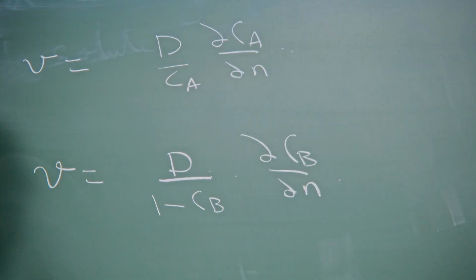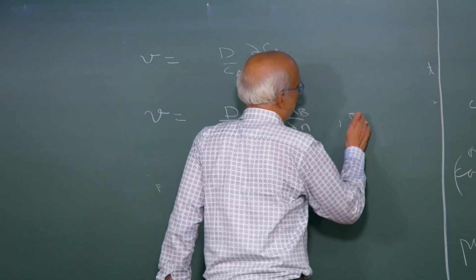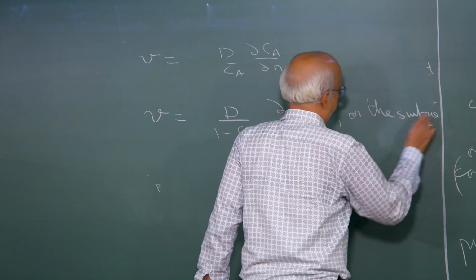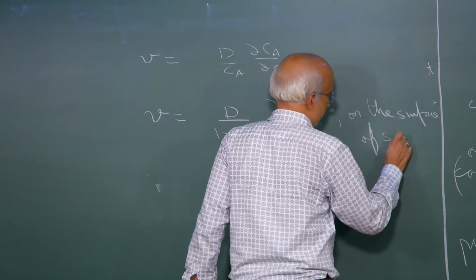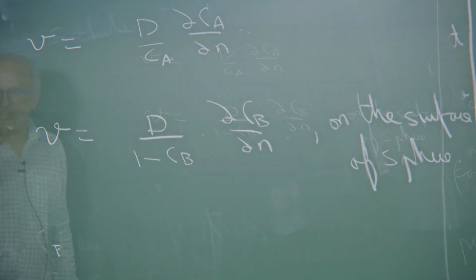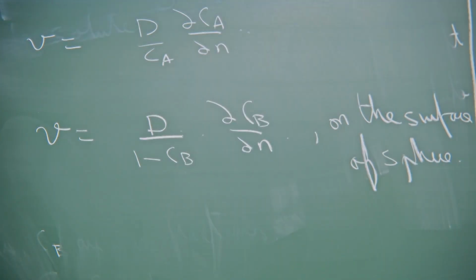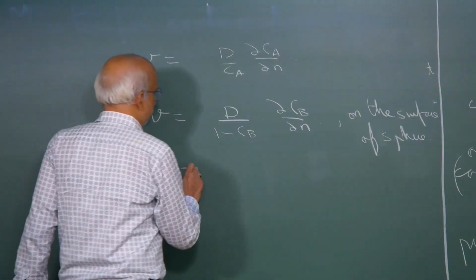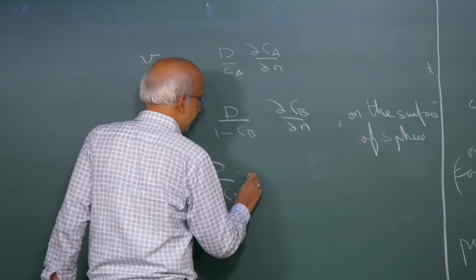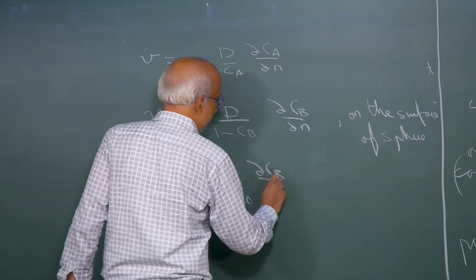On the surface of the sphere, Cb will be equal to Cb naught, whatever the concentration is on the surface. So this is going to be D divided by (1 minus Cb naught) times dCb by dN.